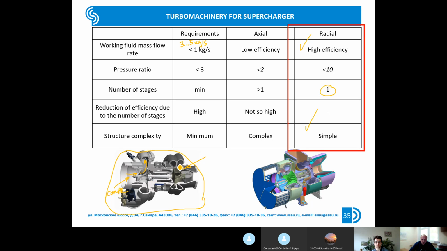At the turbine, the opposite picture: the flow comes in in the radial direction and comes out in the axial direction. So here is the turbocharging system, but you will see that this turbocharger system uses a centrifugal compressor, but an axial turbine.